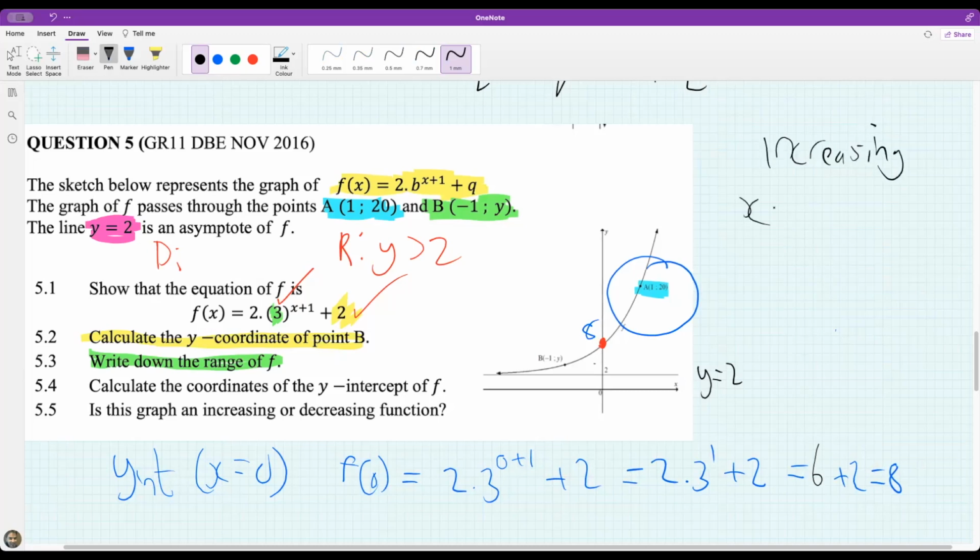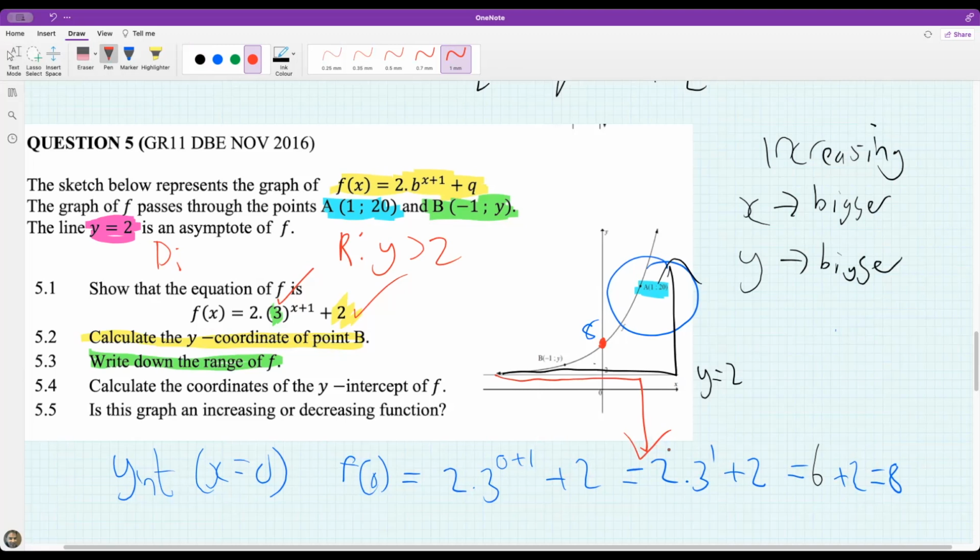And the reason is, as x gets bigger, so as we go to the right, y gets bigger. So that is an increasing function because as I go across, I go up. It would be a decreasing function if as I go across, I went down. So this is definitely an increasing function.